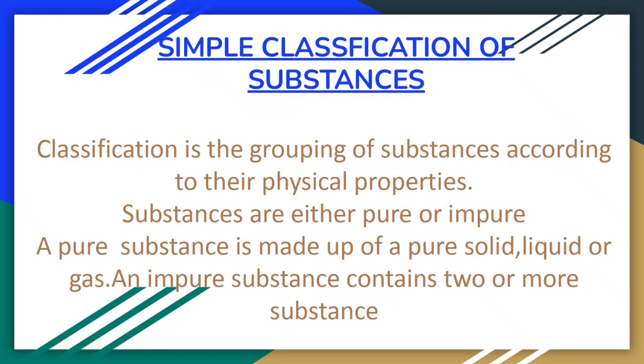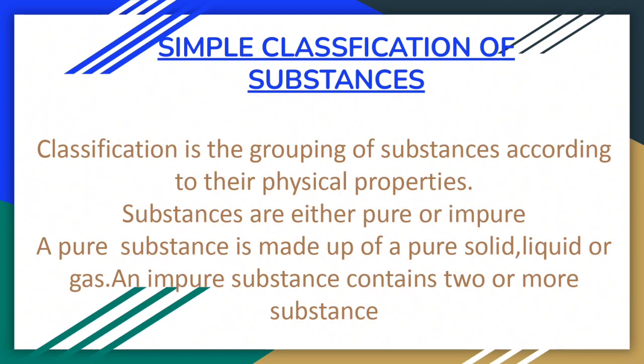That will be an impure solid. Then also air is not pure because it consists of so many substances combined together. In air, we have oxygen, we have nitrogen, we have dust particles, we have water vapor, and so many other things which are present in air. So it is not pure.